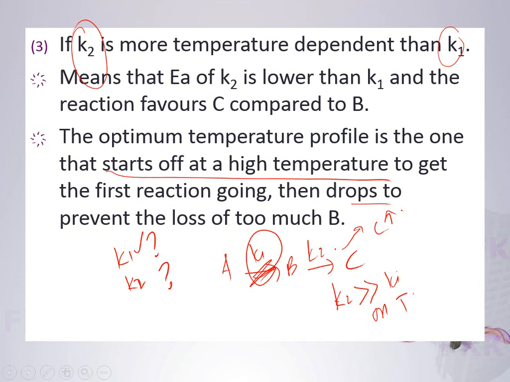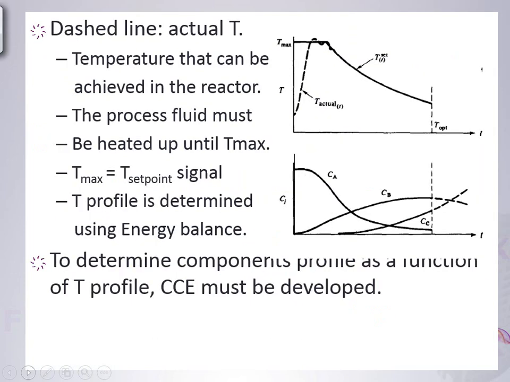Now say for example, we have done our TCE, our CCE, and our energy balance. In this case, your volume is constant, so you don't have to worry about this. From your TCE, dV/dt equals 0.